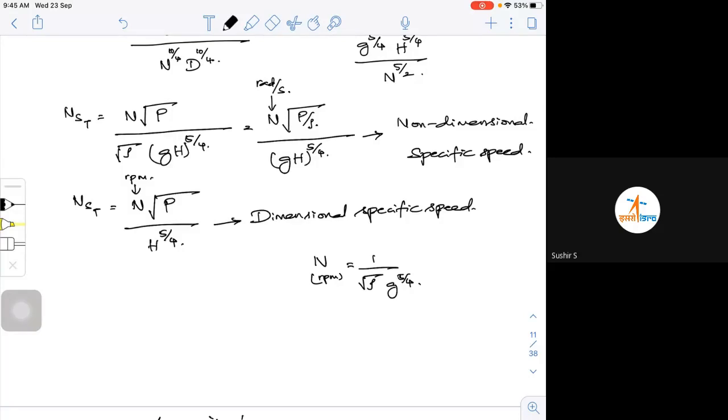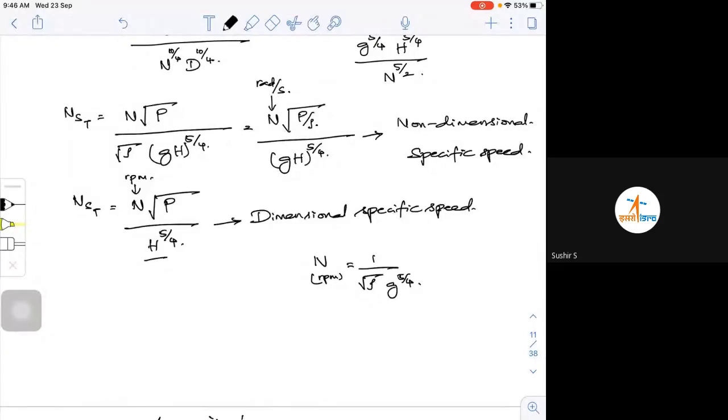If you look into this turbo machine very carefully, the head is in the denominator. And we all know that turbo machines such as the Pelton wheel work under very high head, 300 meters or 500 meters or 250 meters and so on.